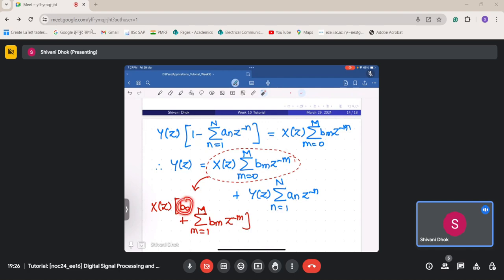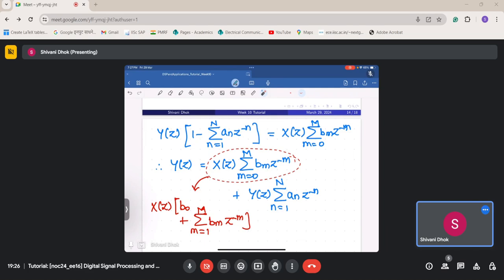We are not delaying x[n] here. However, whenever we are having z to the power minus m for m greater than or equal to 1, then we are having delay units. So z to the power minus 1 will have 1 unit, z to the power minus 2 will be constructed by 2 unit delays cascaded one after the other.